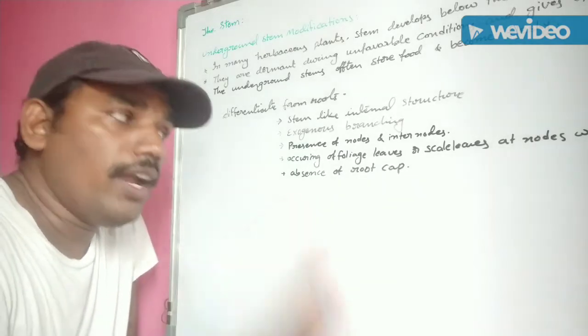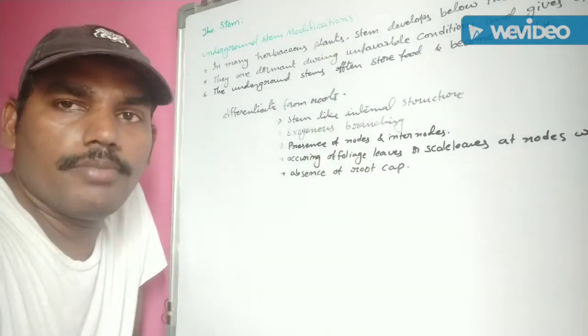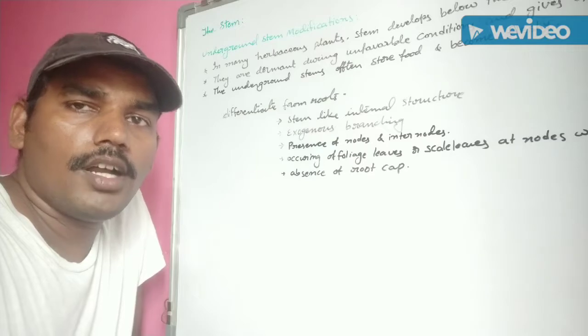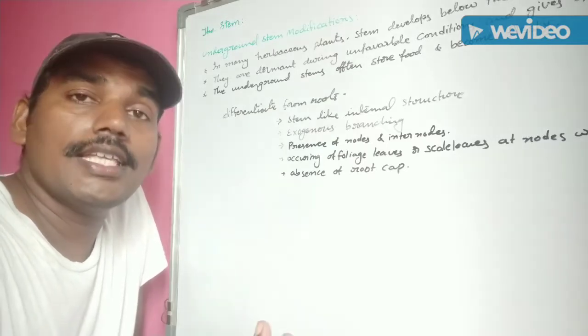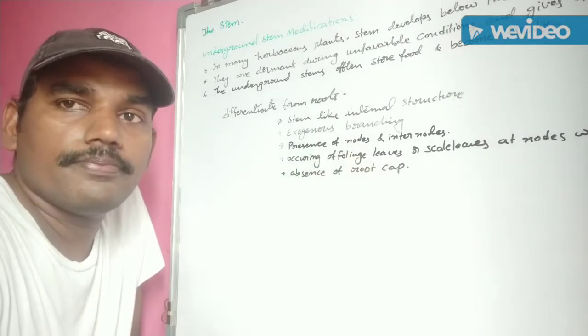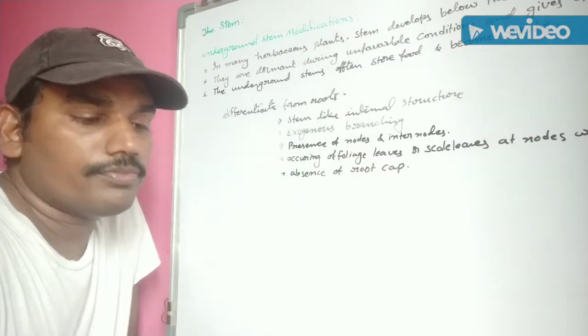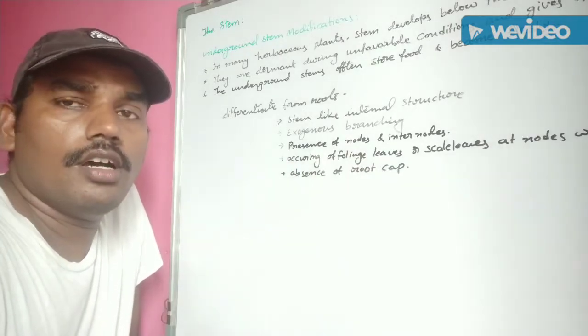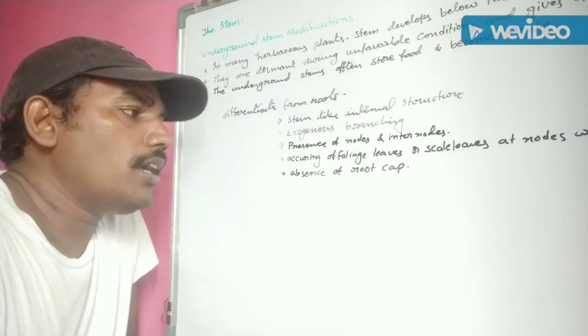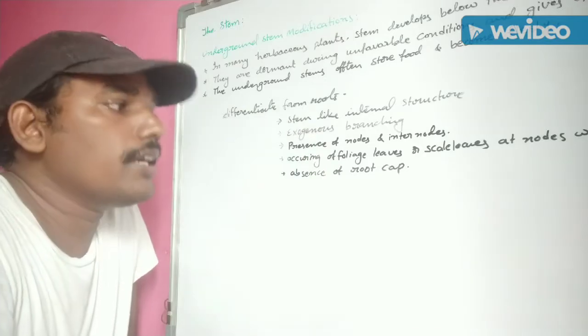Okay, finally, absence of root cap, because it is an underground stem. Underground, but it is a stem. Because of this reason, root cap is absent. Okay, only terrestrial plants consist of root cap. But this one is underground, but it is a stem.